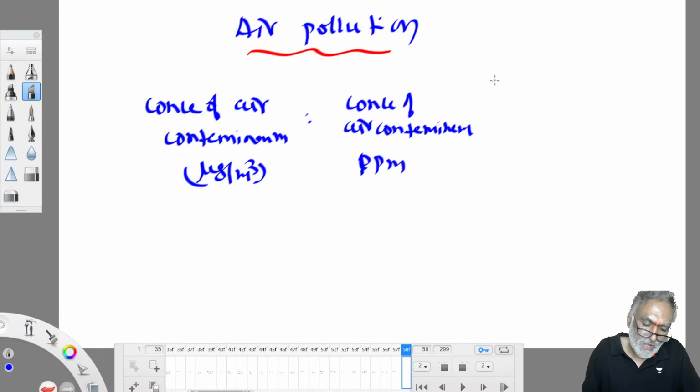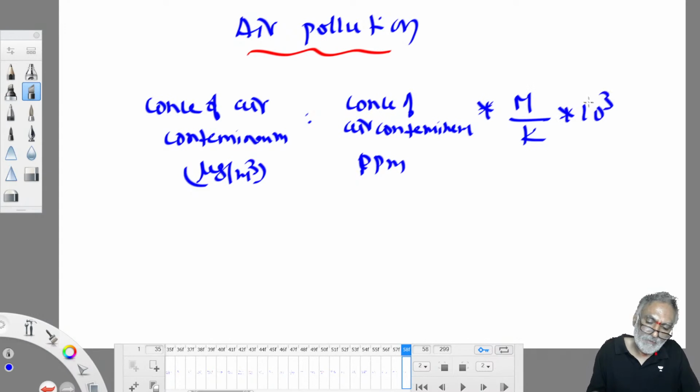If it is given in ppm, we are asked to convert into microgram per meter cube, or ppm to microgram per meter cube. Either way you can work out. In ppm, just multiply this by M by K into 10 cube. That's all you will get in ppm.